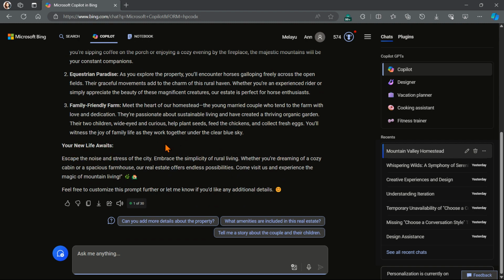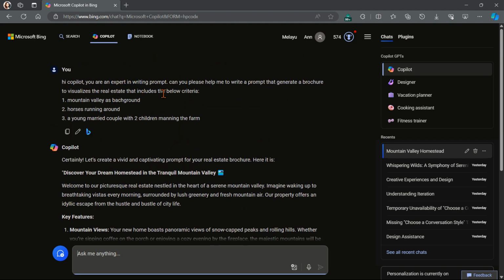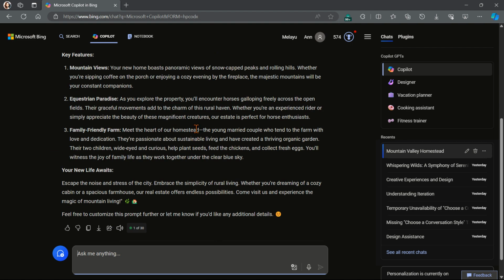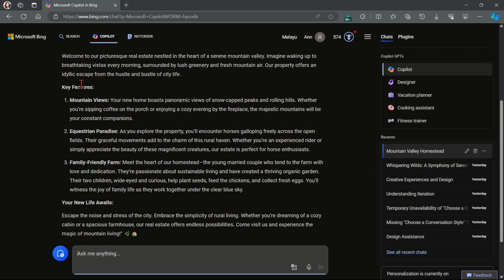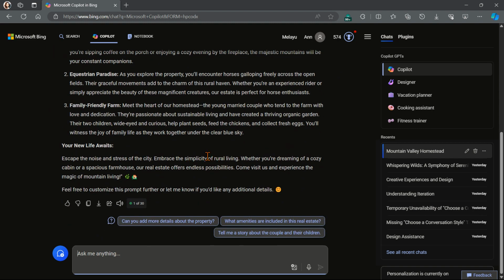This is talking about the criteria that I requested Copilot to visualize in the prompt for this particular brochure. Now, with this key criteria, I am going to generate a brochure based on this.